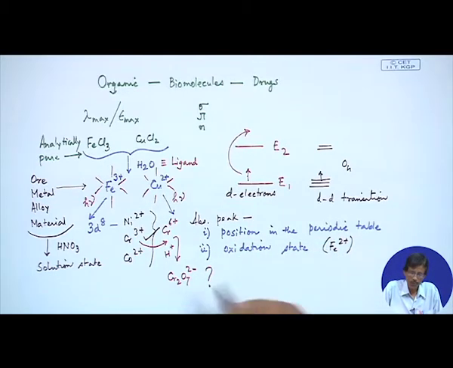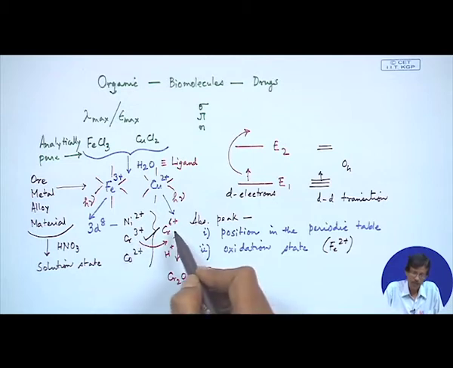So, how do we analyze this dichromate species present in the medium? That will indirectly tell you that your original material has this chromium 3 plus, which has been oxidized to chromium 6 plus and then dimerized to dichromate.